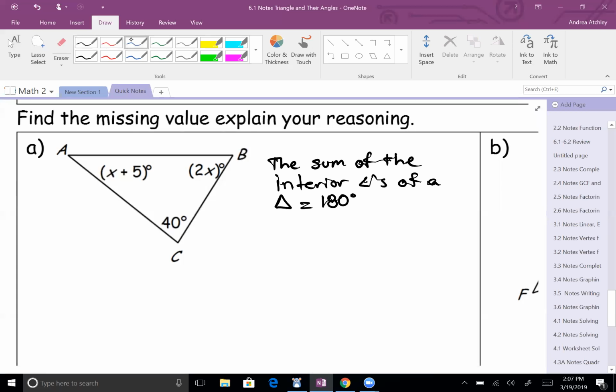So how I'd write that equation is I'd have the x plus 5 plus the other angle, which is 2x, plus that third angle, which is 40. And that would equal 180 degrees.